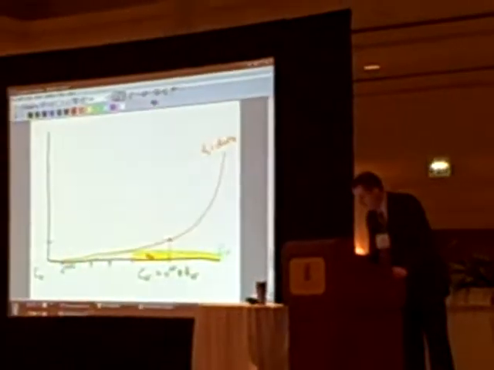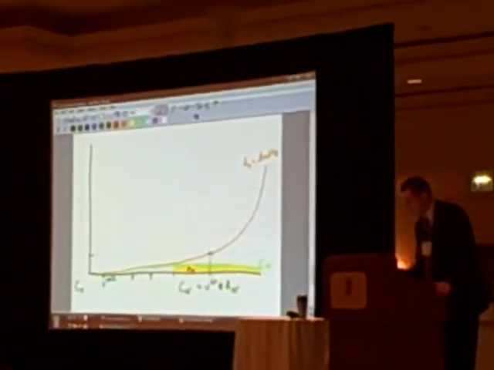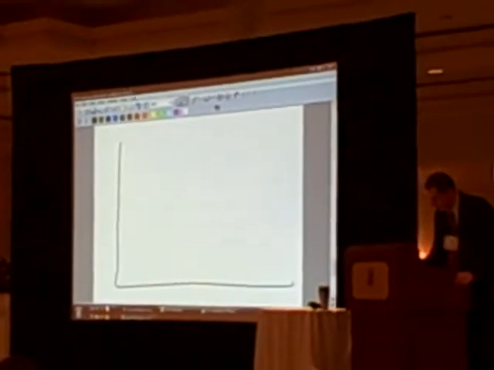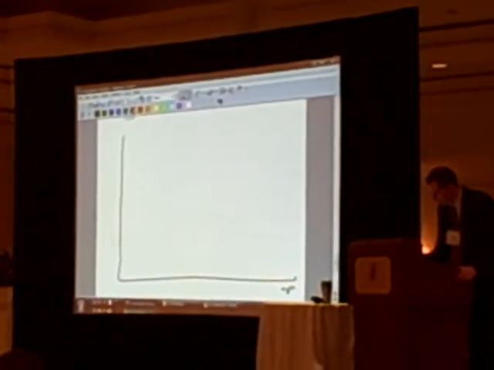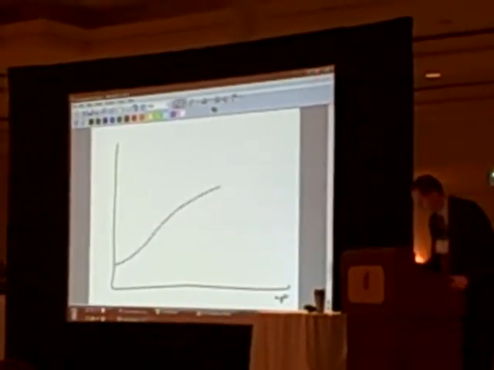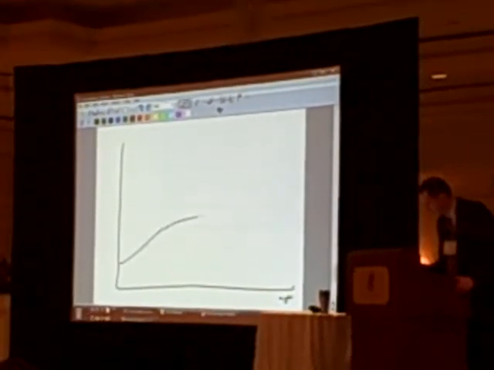So I'm going to blow up our graph here where we looked at the present value of future deaths. I'm going to make this a little bit bigger to make it easier to see. So let's say we've got our graph here of CX. Let me make it go all the way out.